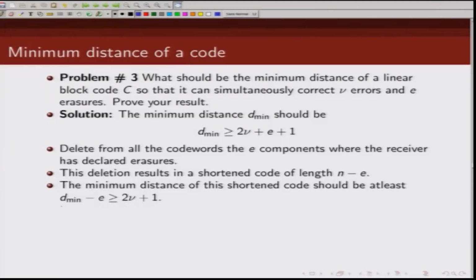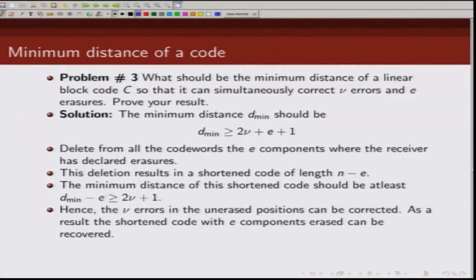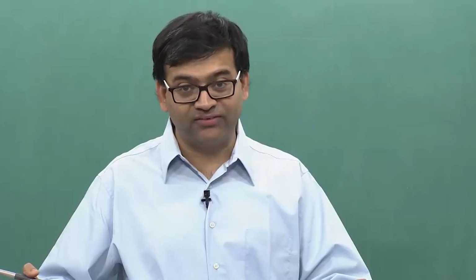If the minimum distance of the code after the E erasures is still at least 2 mu plus 1, then this code can correct mu errors. So, we want our minimum distance of the code to be at least 2 mu plus E plus 1. Since these mu errors are in the unerased positions, they can be corrected if this condition holds. As a result, we would be able to correct mu errors.